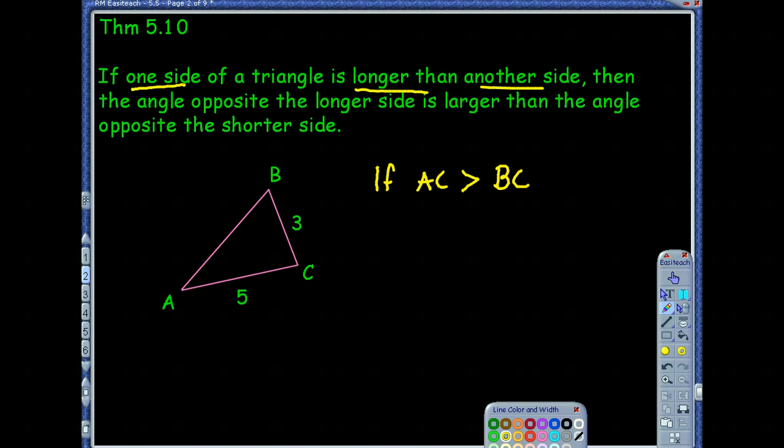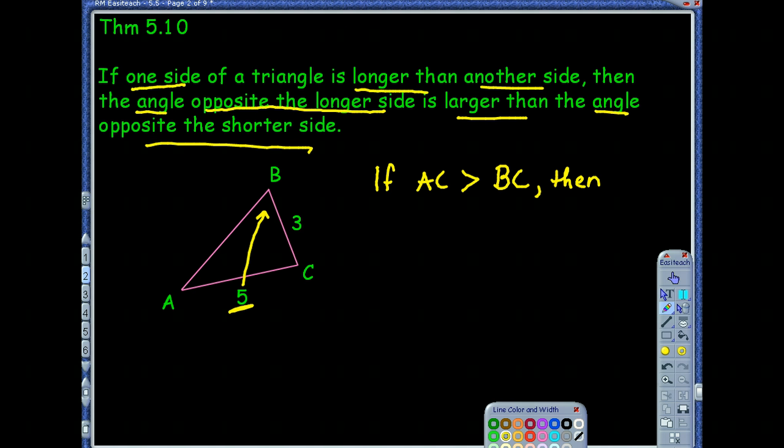All right, so what are they saying? They're saying the angle opposite the longer side. The longer side is AC, so across from that is angle B. That angle is larger than the angle opposite the shorter side. So the measure of angle B is going to be greater than the measure of angle A, which is across from that shorter side.